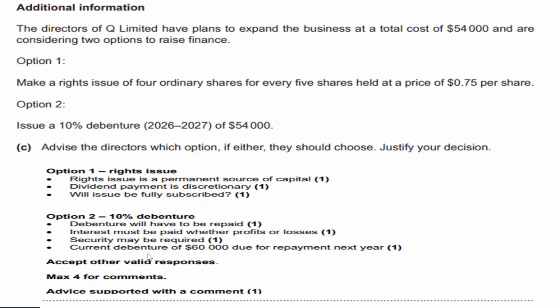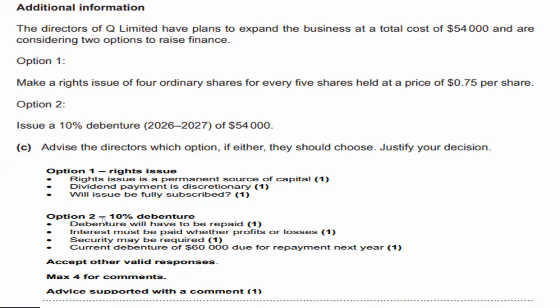But for preference shares, you definitely have to pay dividend. The disadvantage is that you do not know whether it will be fully subscribed, because now you're charging more premium.